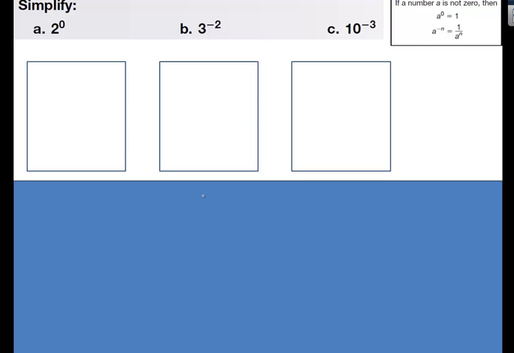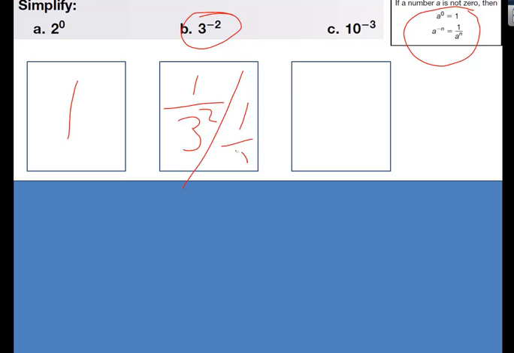So 2 to the 0, what does that equal? Well, as you can tell right here, I got a little help here, but you're not always going to have this. That's going to equal 1, because anything to the 0 exponent is 1. It could be 500 to the 0, it'd still be 1. Okay, 3 to the negative 2 means we're going to put 1, we're going to put the 3 in the bottom, we're going to put the second power, which is going to equal 1/9, because 3 times 3 equals 9.